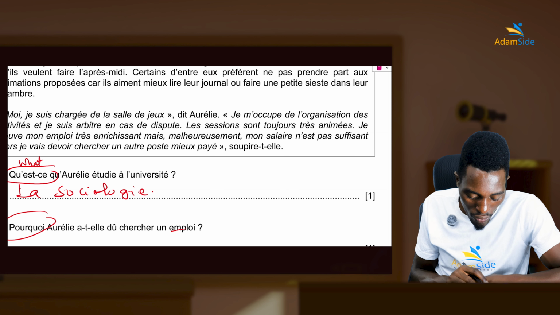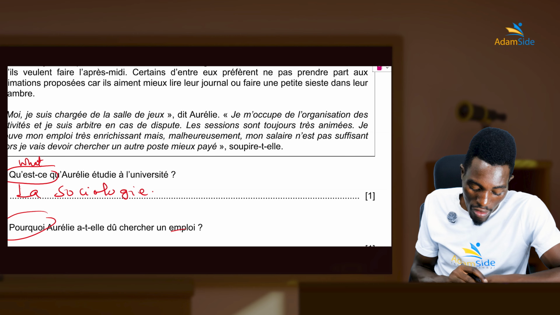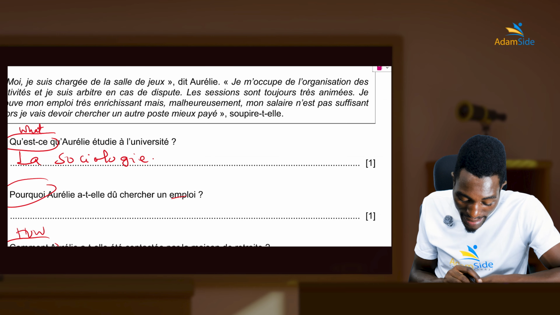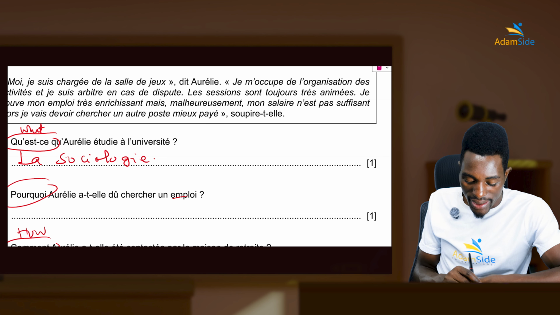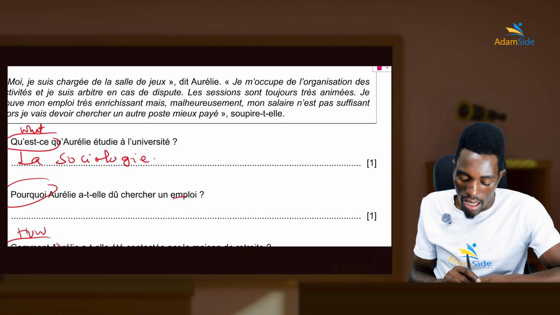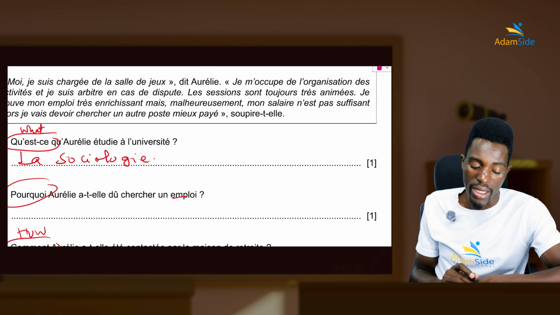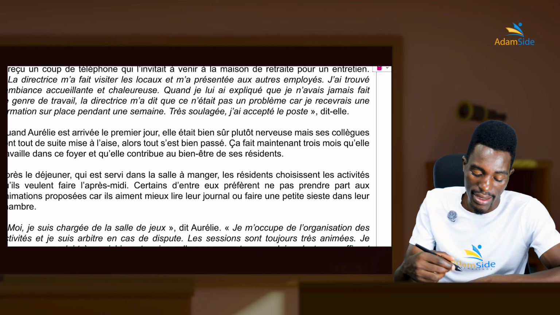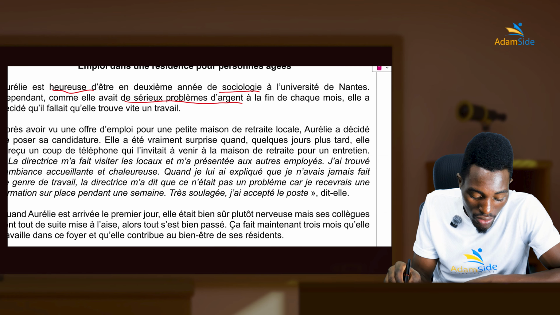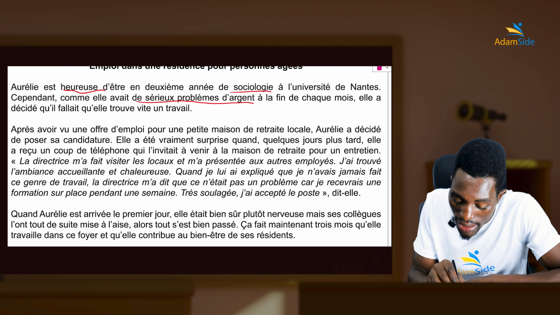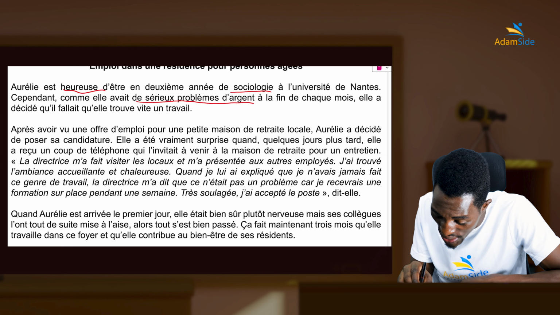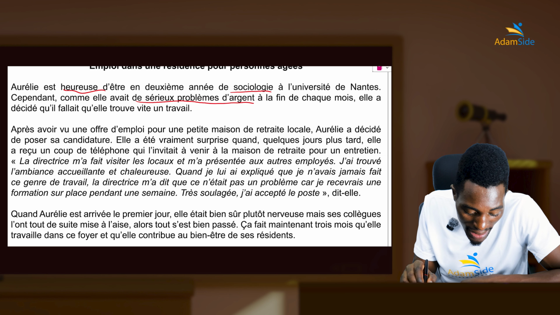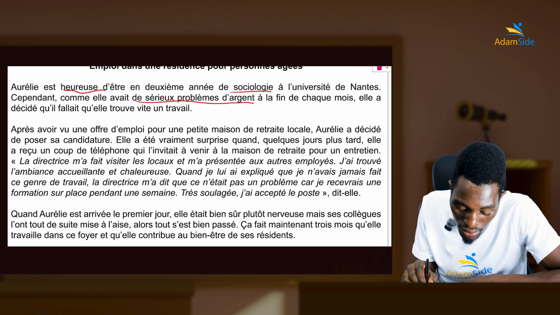Then question B is pourquoi Aurélie a-t-elle dû chercher un emploi? Why did Aurélie decide to find a job? So you have to go to the text. Let's go. Cependant, comme elle avait de sérieux problèmes d'argent, à la fin de chaque mois, elle a décidé qu'il fallait qu'elle trouve un emploi.